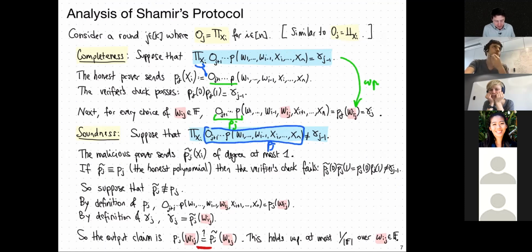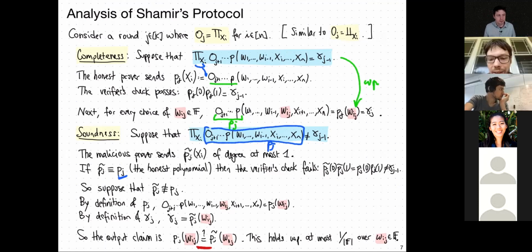So hopefully that answers your question, Bogdan: pj is that polynomial over there. Basically, in both the sum check protocol and in Shamir's protocol, you can run the honest prover strategy in a well-defined way, even when there's a false claim, because the honest prover is instructed to peel off an operator and send whatever polynomial is left.